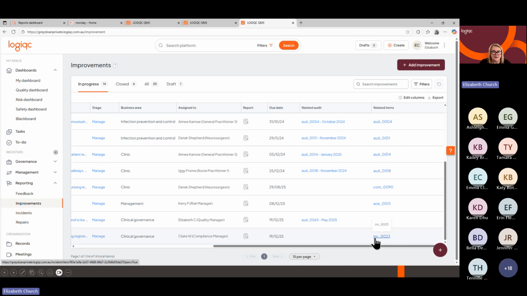So as I continue on that non-conformance to add additional improvements, there will be more related items. So it relates to the incident that occurred, but it also relates to those systems improvements that we want to make over the short, medium and long term.